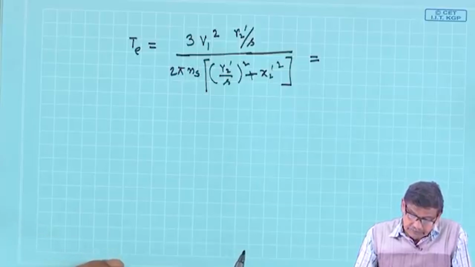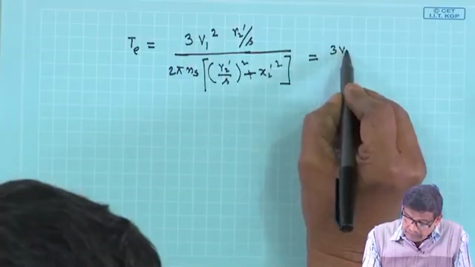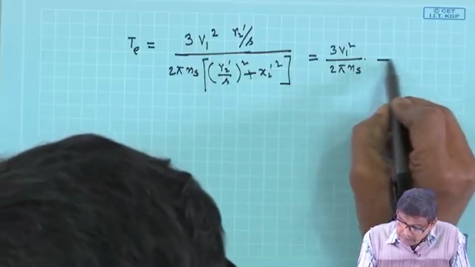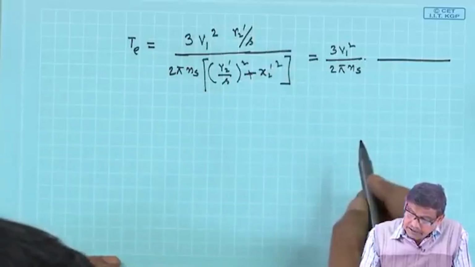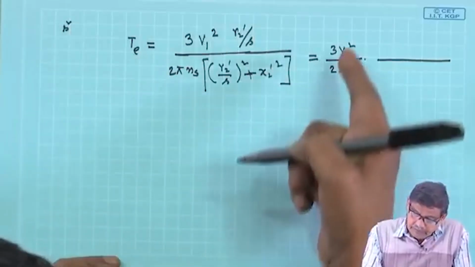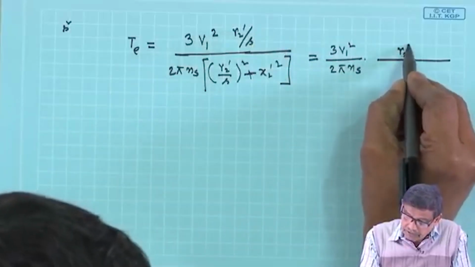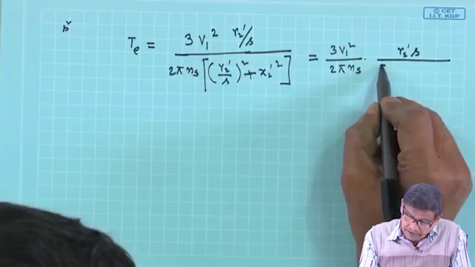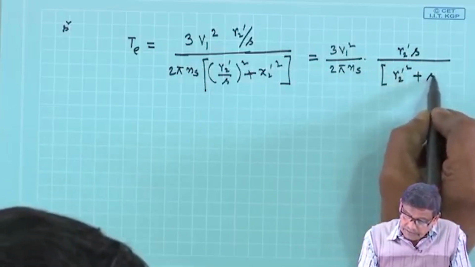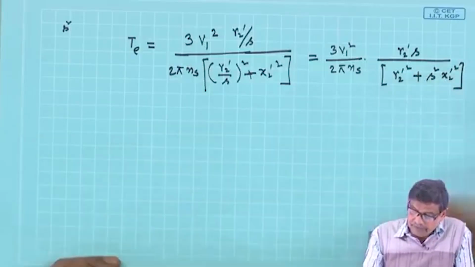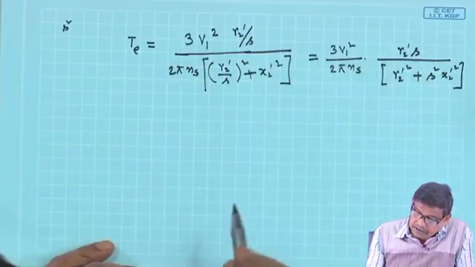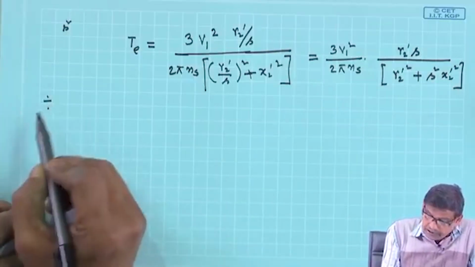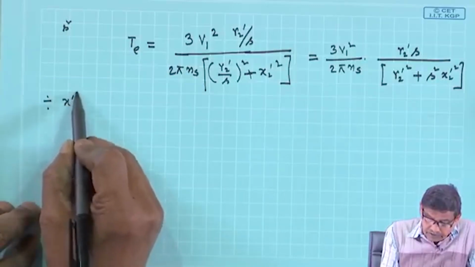We will first note that this 3 V 1 squared by 2 pi n s is sort of constant, and then I will multiply both numerator and denominator by S squared. So, the numerator will become R 2 dashed into S, and the denominator will become R 2 dashed squared plus S squared x 2 dashed squared. This way, one S goes in the numerator.